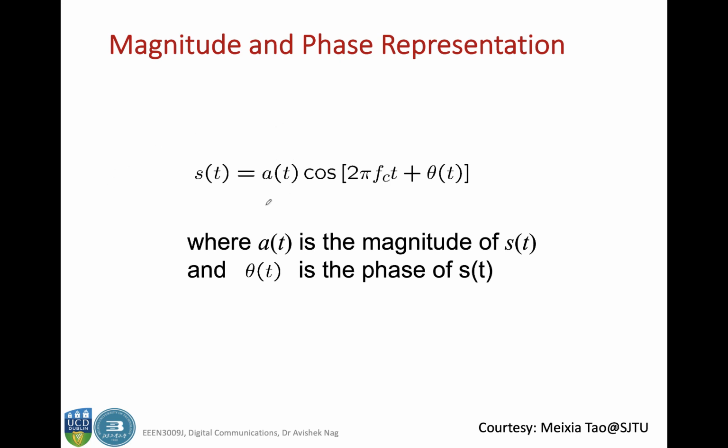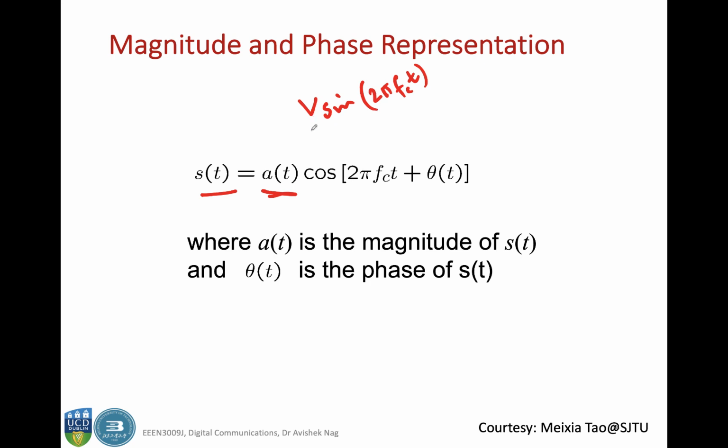So let's say we have a signal s(t), and we have a certain magnitude which can be a function of time or which can be a constant. You saw in the examples that I showed for binary amplitude shift keying and binary phase shift keying, we were using V sin(2 pi fc t).